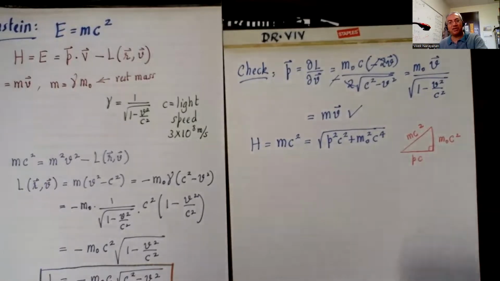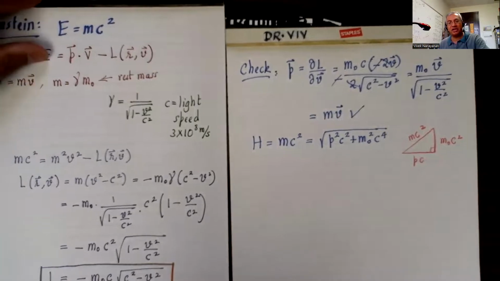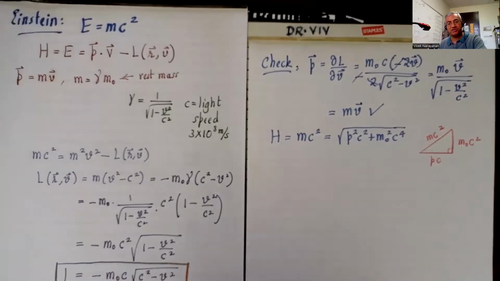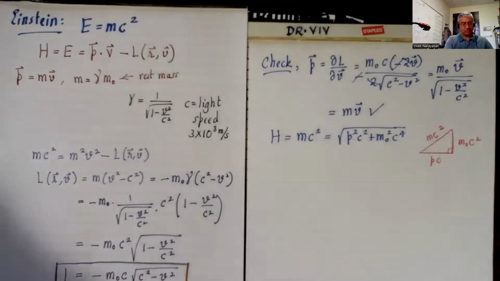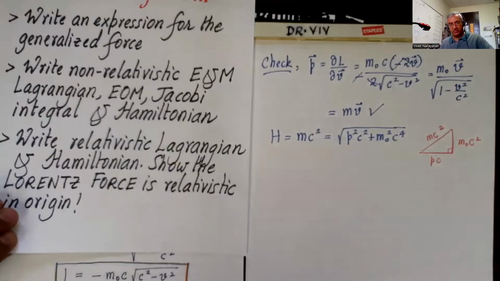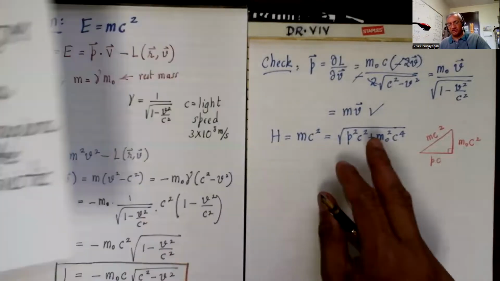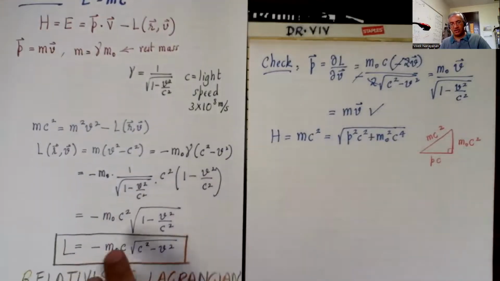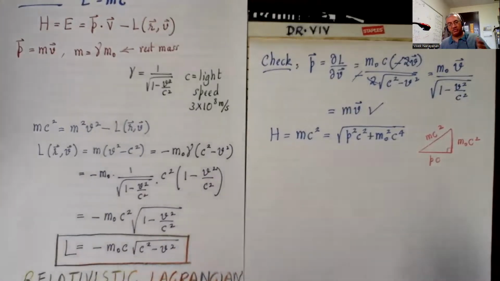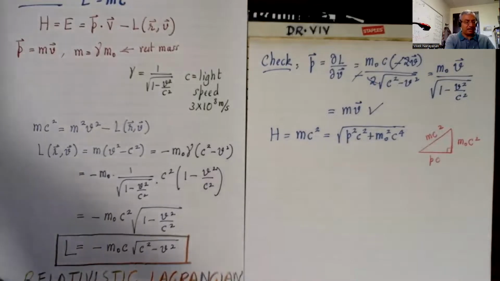Now our next step is to go and form the relativistic Lagrangian, incorporating the electric and magnetic fields in the process. So what we'll do in order to form the relativistic Lagrangian is we'll take this relativistic Lagrangian for a particle simply moving in space. That's really what this is, but now suddenly encounters an electromagnetic field.